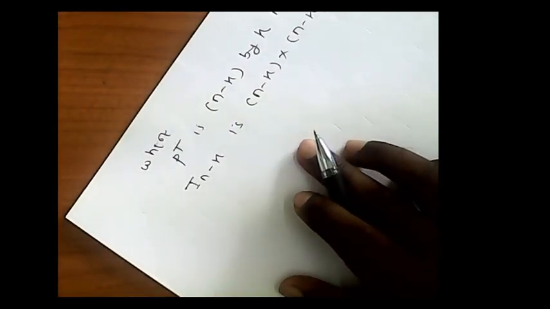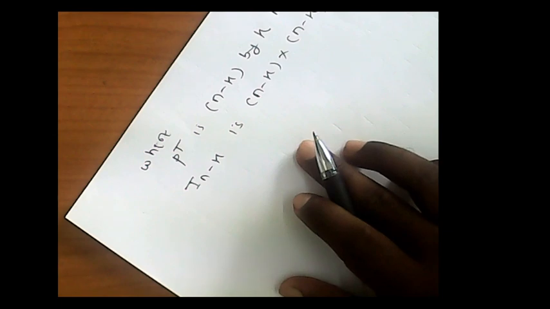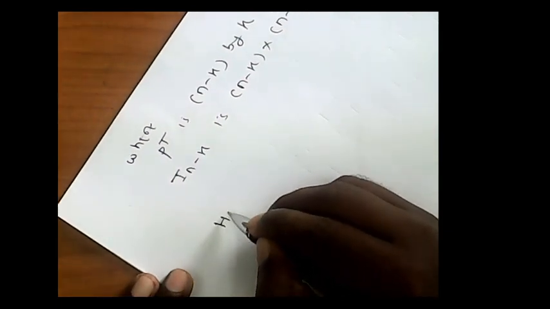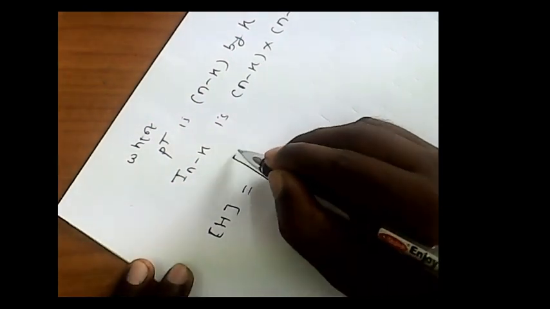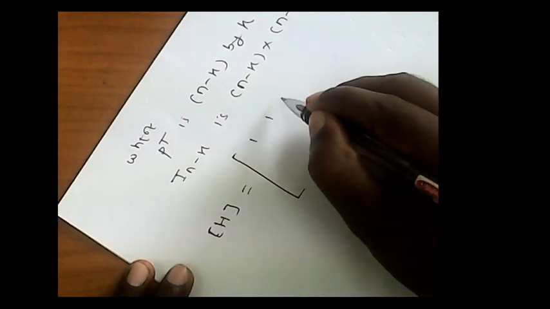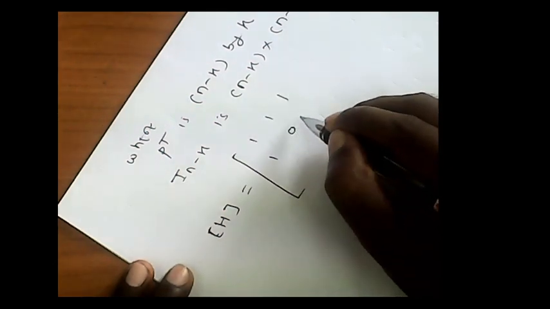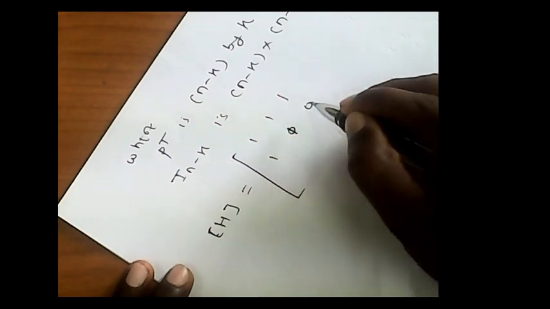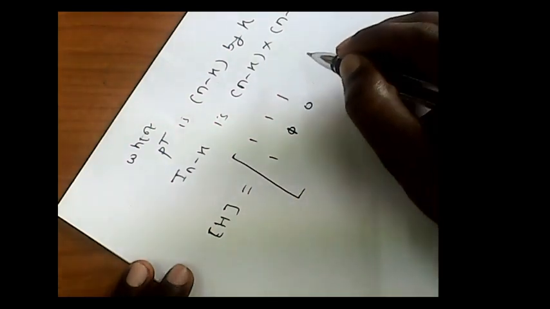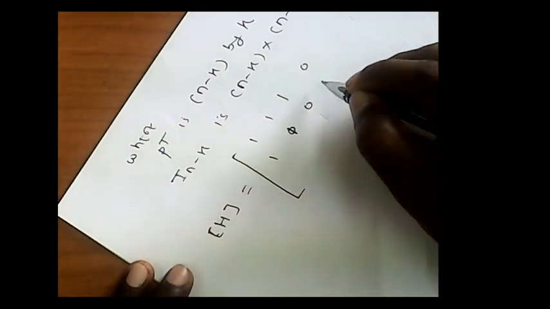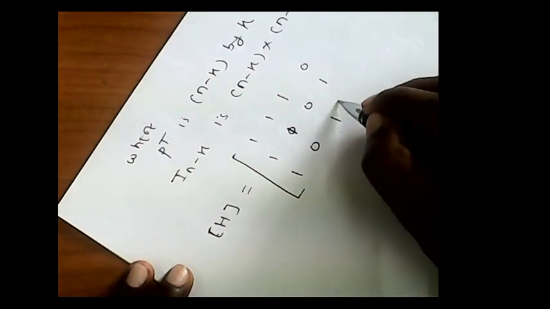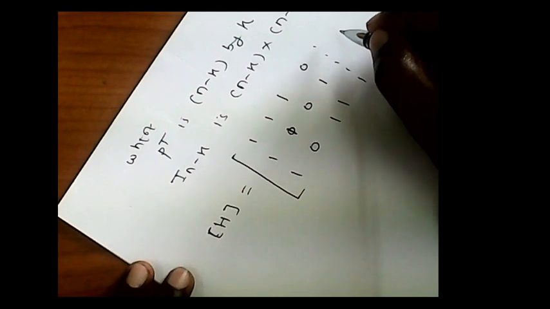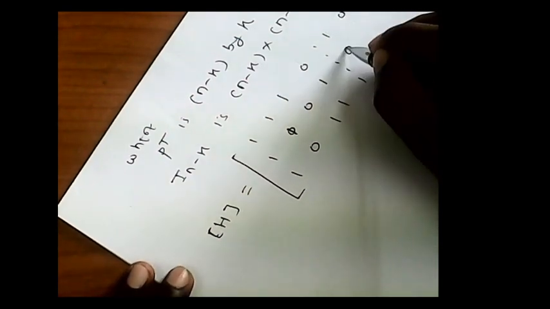Now from the given parity check matrix in the equation, we can find 1 1 1 0, sorry, here it is 1 1 1 0 0 1 1 0 1 1 1 0 0 0 1 0 0 0 1.